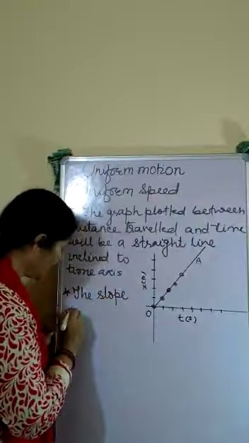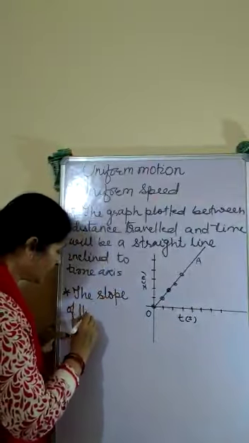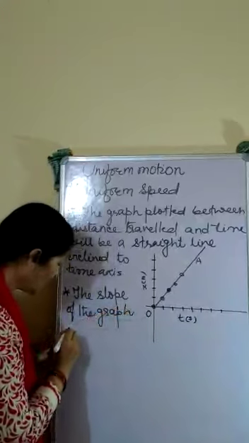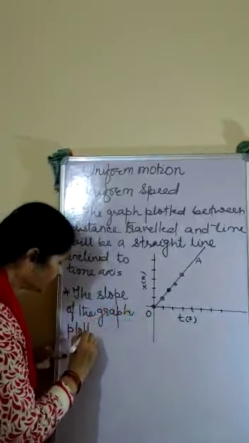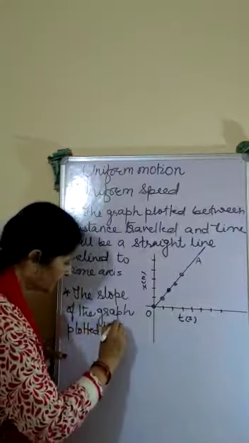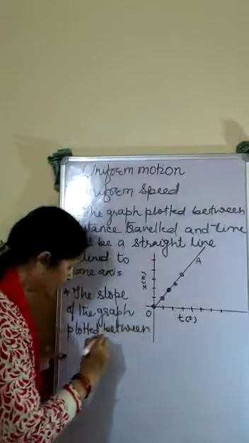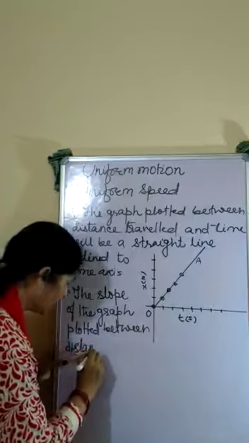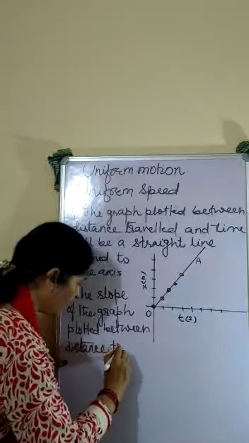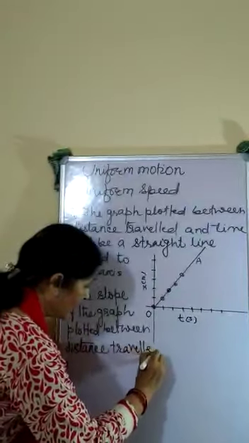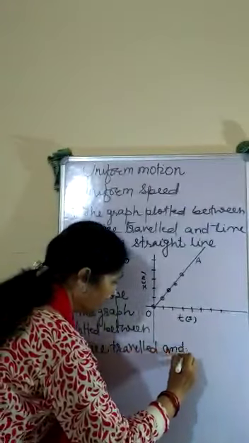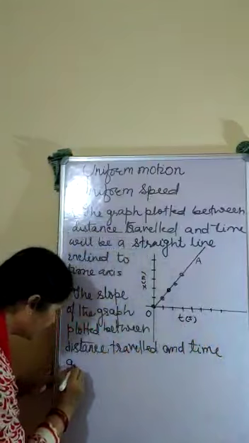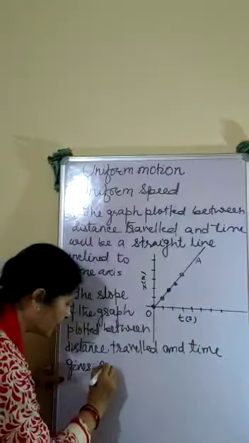The slope of the graph plotted between distance travelled and time gives the speed.